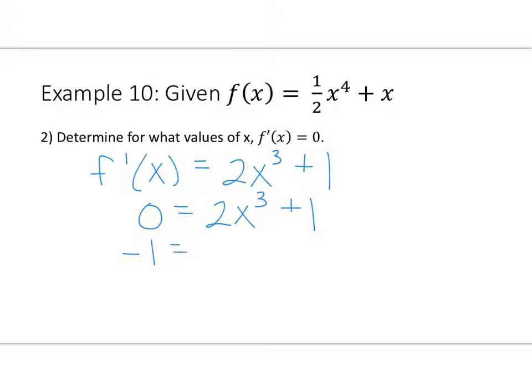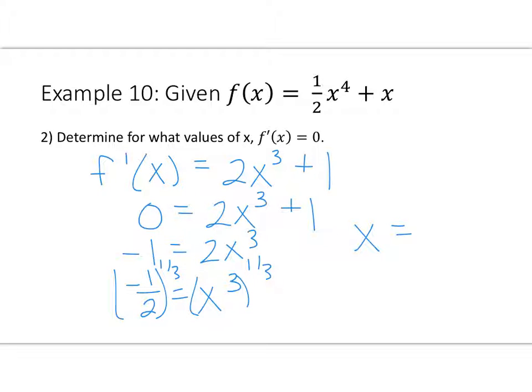So I have negative 1 equals 2x to the third. I have negative 1/2 equals x to the third. And then I'm going to raise both sides to the 1/3 power. So x to the third raised to the 1/3 is just x. And that means it's the cube root of negative 1/2. So there is one x value where this would equal 0.